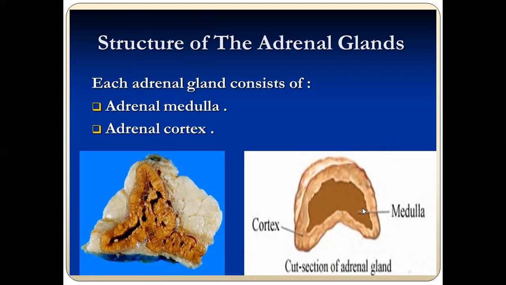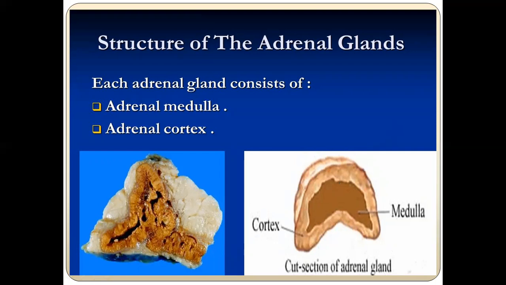You can see in this picture, this whole is the adrenal gland, and here is a half section, a cut section of the adrenal gland. The outer part is called the cortex, and the inner part is called the medulla.